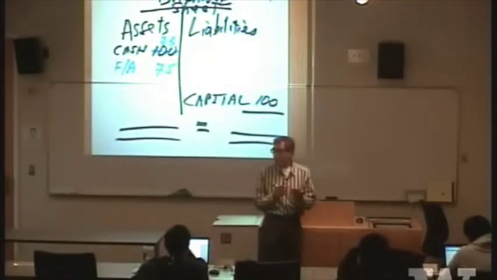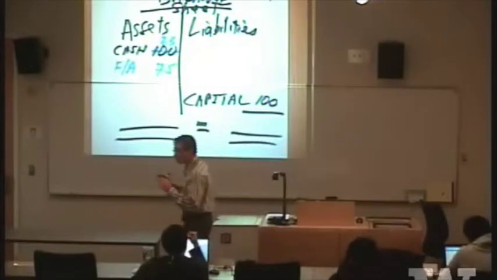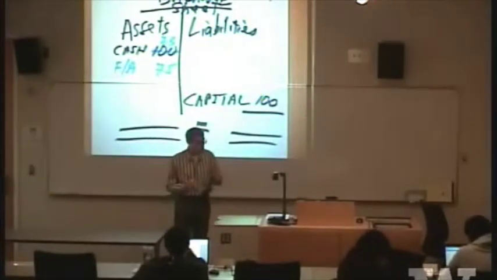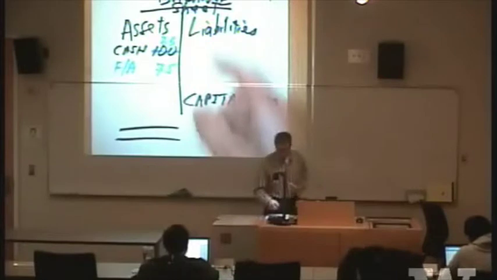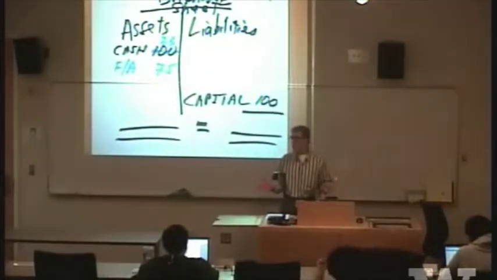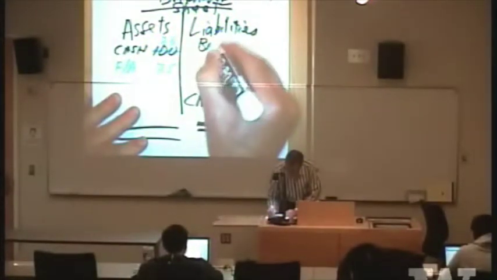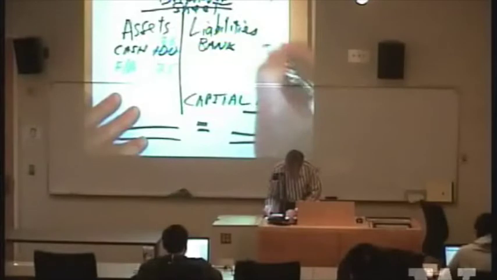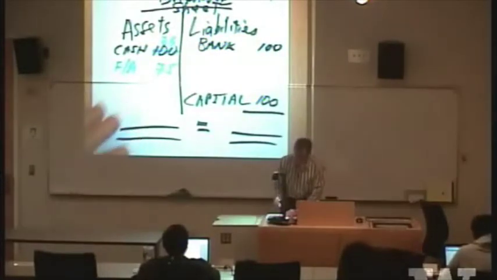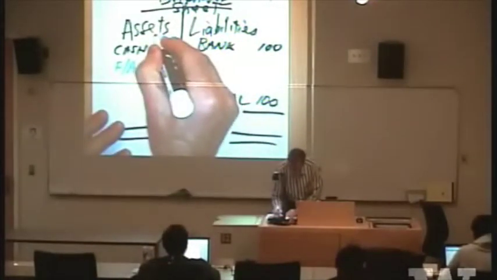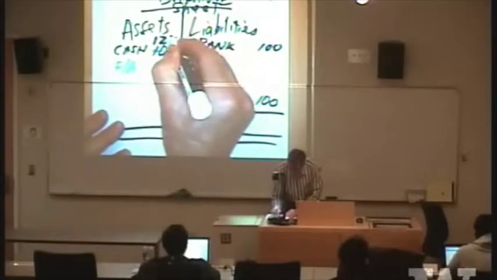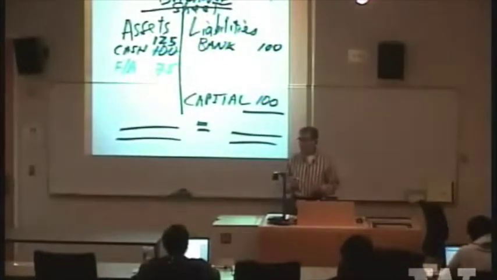Well, maybe we need more money in order to start whatever business this is going to be. So we go to a bank and we borrow another 100. Let's say we have a liability to a bank for 100, and we now have 125 of cash instead of just 25.